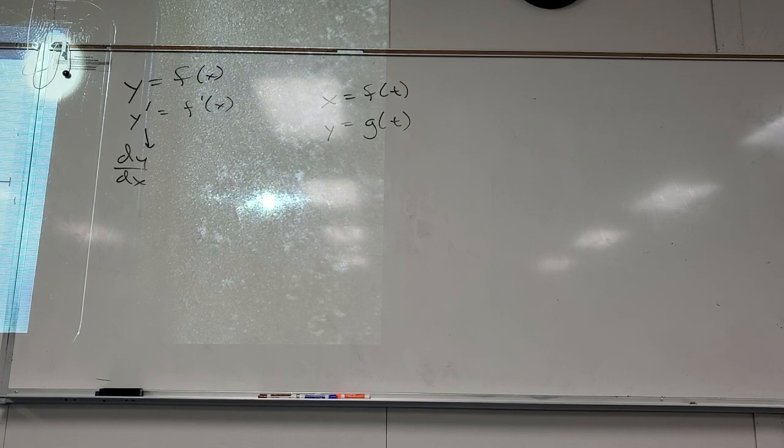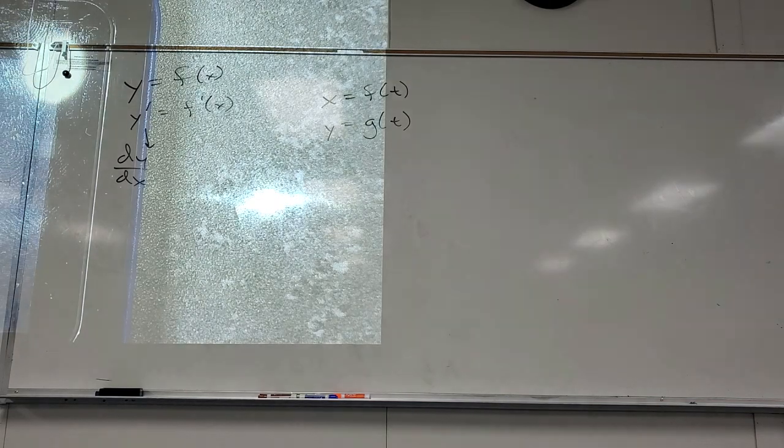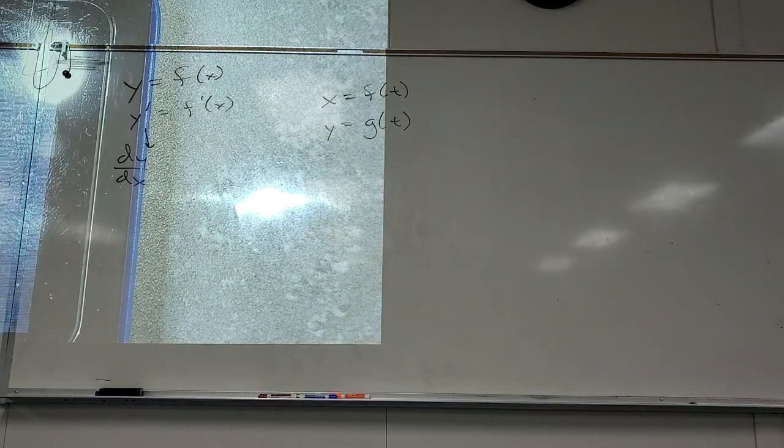The weird thing is, this is not technically a function of two variables because it doesn't pass the vertical line test, right? But is this a function of t? Are the points themselves, the x and y coordinates, functions of t? Yes. Right? So there should be a way to get the derivative relatively easily because both variables are functions of some third variable that controls them both. I should be able to get the derivative relatively easily.